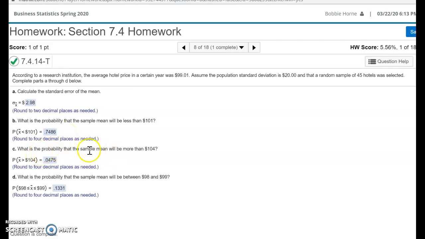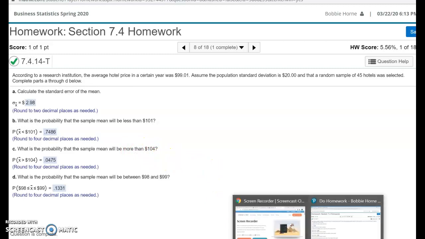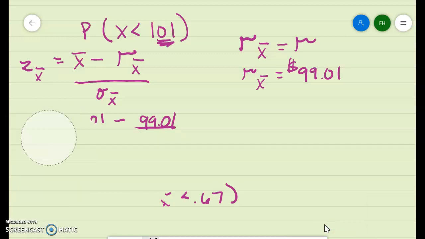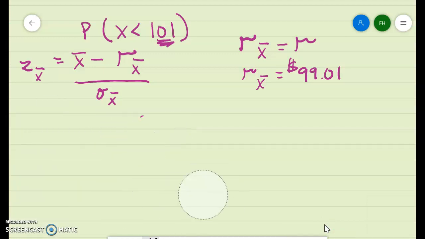For part C, the probability that it will be more than 104, we're still going to do the same thing. We're going to do a z-score. I'm going to erase this and just use this again. But this time we want the mean to be greater than 104.